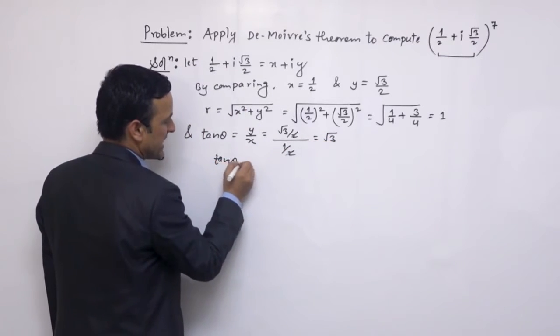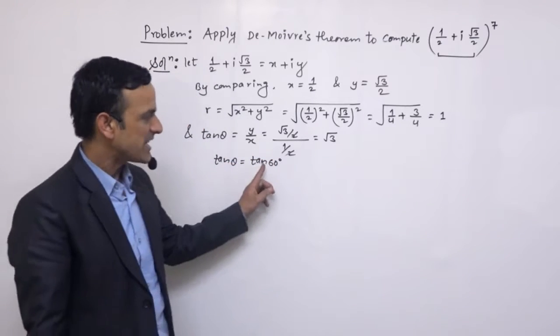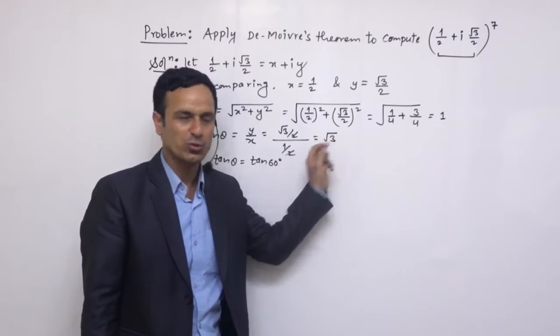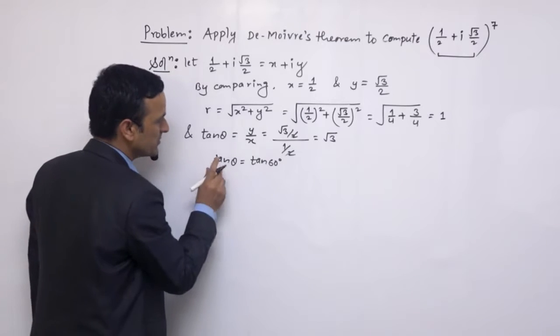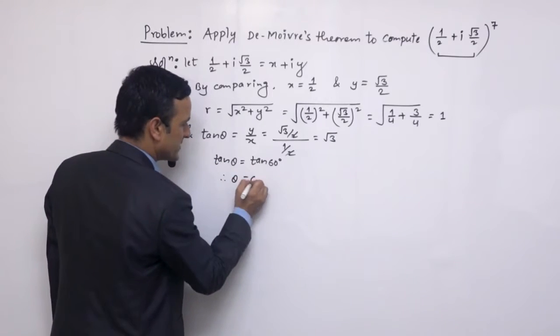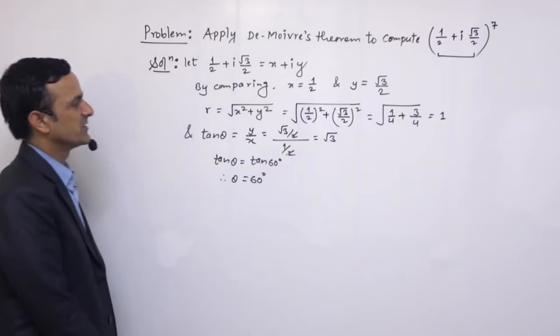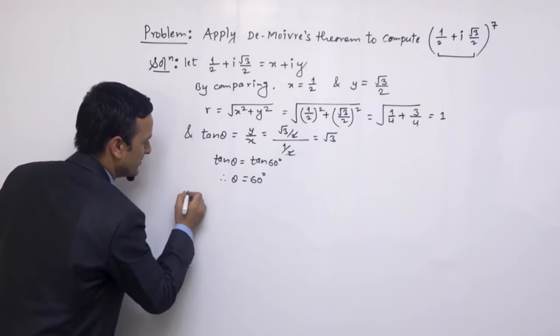So tan theta is equal to tan 60 degree. As you know that tan 60 degree is equal to root 3. Root 3 भनेको tan को 60 degree को value हो. So if we compare tan theta and tan 60, then we get theta is equal to 60 degree. So in this way we can change this expression into polar form.